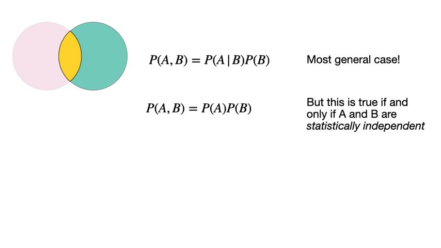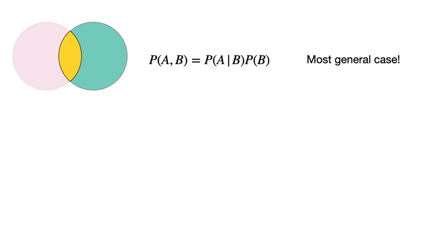Let me give you my A given B example, right? What if A is I'm going out to dinner? Well, the probability that I'm going out to dinner, given that I'm currently broke, is maybe much lower than the probability that I will go out to dinner if I was flush with cash right now.